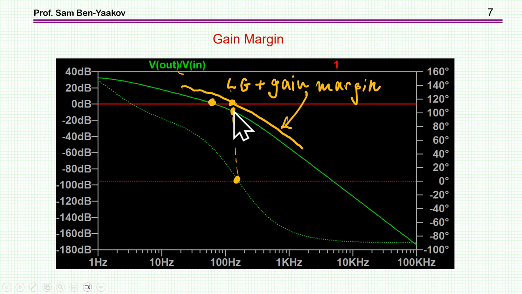So this actually tells us what is the distance from instability in terms of gain, not in terms of phase like in the phase margin, but in terms of gain.